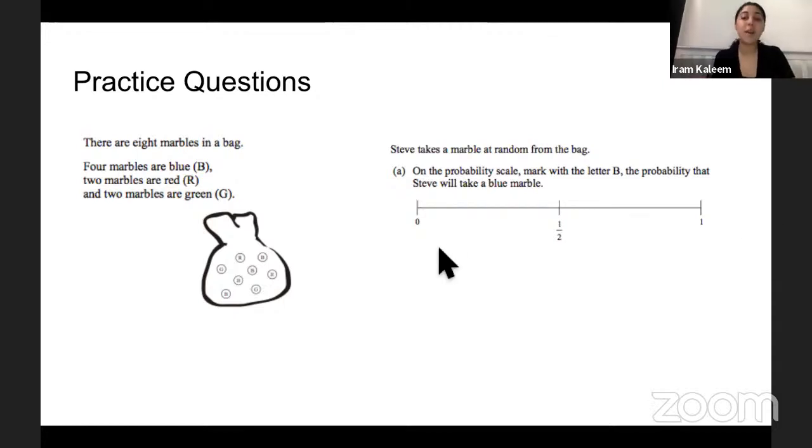If you want, you could draw out a scale and mark it on, but you don't have to do that. As long as you just get the probability, and we can mark it on the scale on the screen. So work out the probability that Steve will take a blue marble, and then I'll mark it on the diagram.